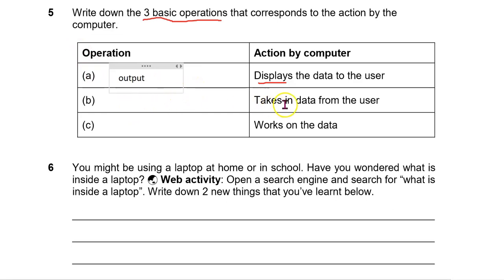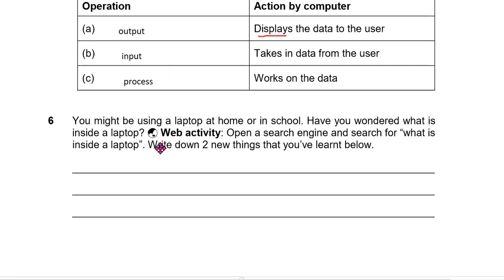If you were to take in data from the user, then this will be an input operation, and to work on the data to process the information would be a process operation. So these are the answers for question number 5.